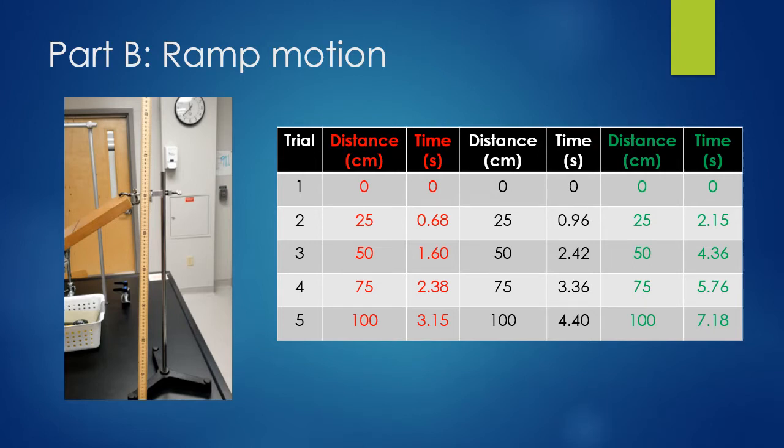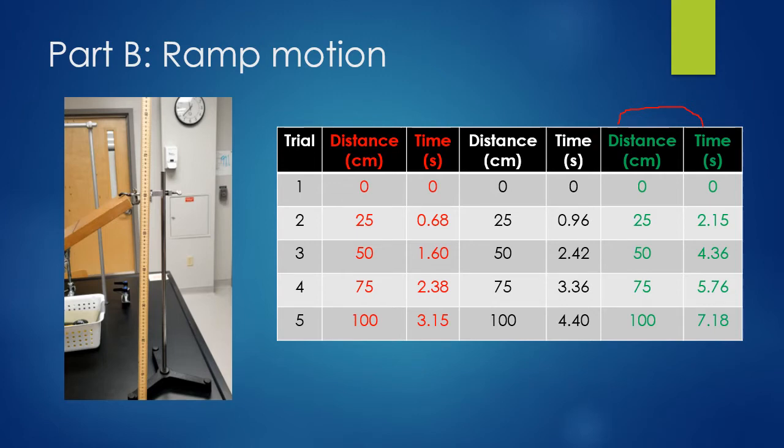We are going to be measuring how long it takes for it to go certain distances, but the difference in this experiment is that now we're doing it on a ramp instead of a flat surface. So in the picture, it is currently at the highest elevation that we're going to do. The data set for the highest elevation is in green. So you can see over in green here, this is the highest elevation.